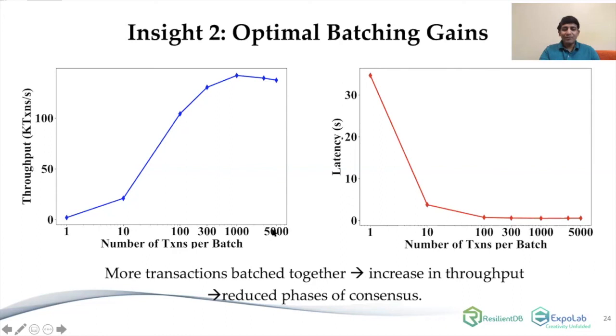Clearly, when we keep on increasing batch sizes from 1 to 1000, there's an obvious increase. But beyond that, suddenly the throughput starts saturating and there's a decrease. Hence, it is important to find the optimal batching size at which the system can perform.